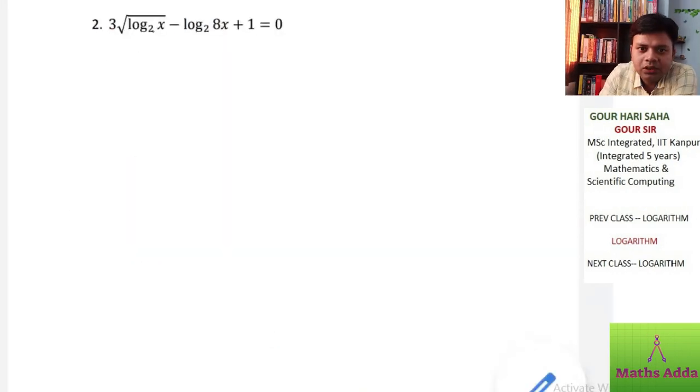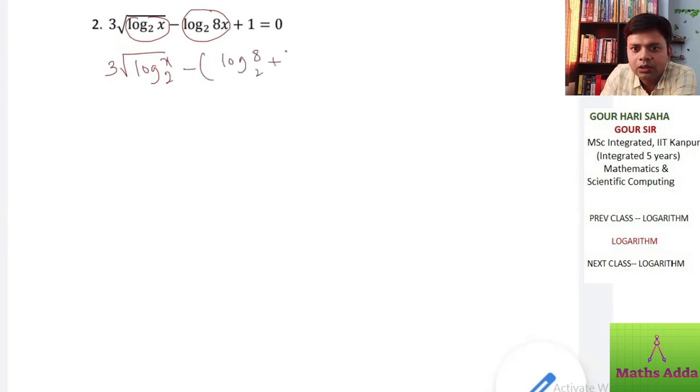So I see log of x base 2. Here you can simplify it. So let us write one step further, then we will plan. 3 root log of x base 2 minus log of 8 base 2 plus log of x base 2 plus 1 equal to 0.